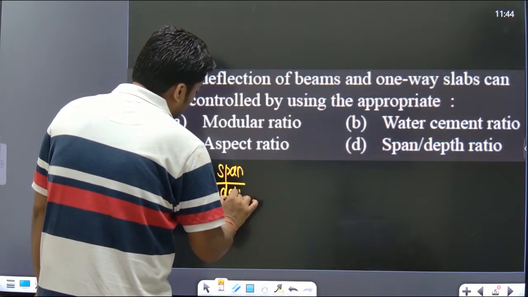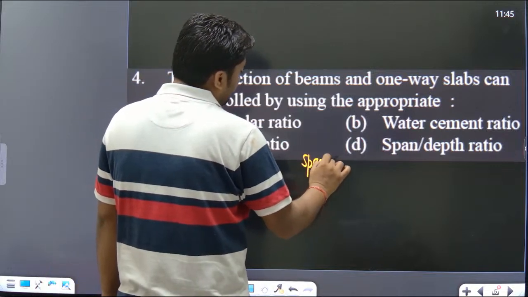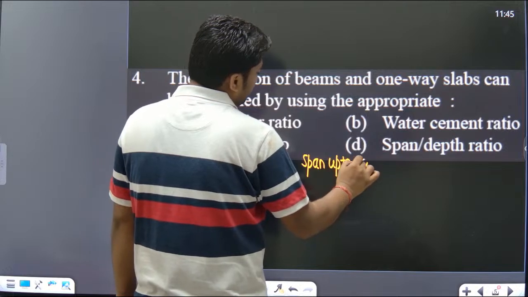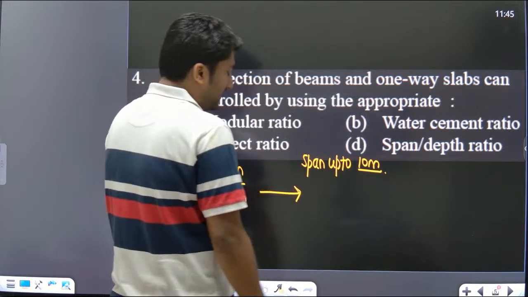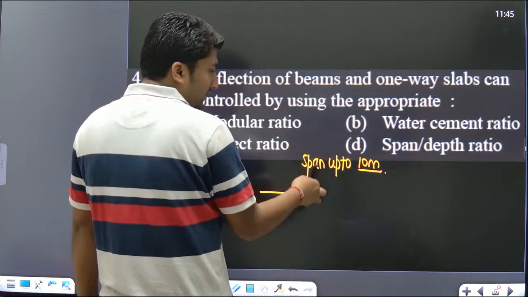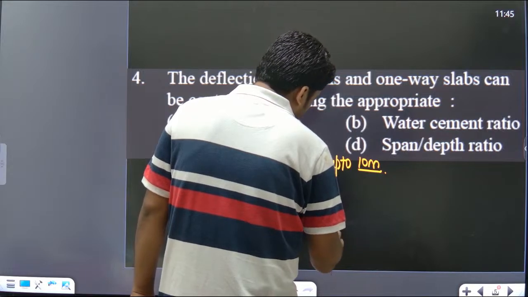Yes, very good. So deflection of the beam is in the permissible limit when span by depth ratio, for span up to 10 meter, the span by depth ratio, for cantilever, for simply supported and for continuous, is 7, 20 and 26.